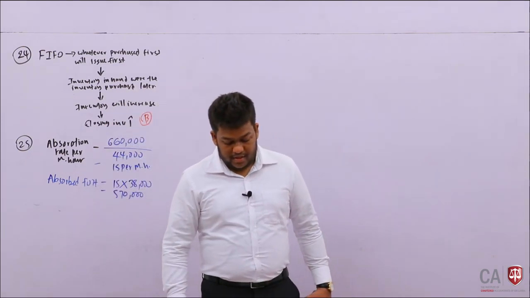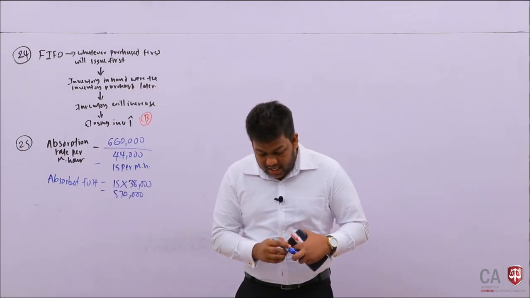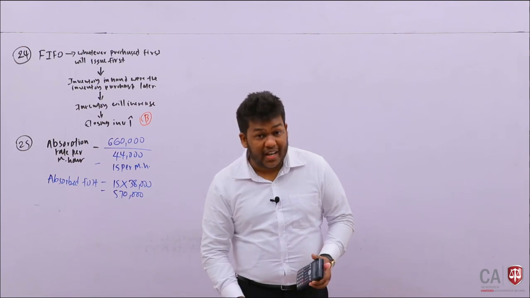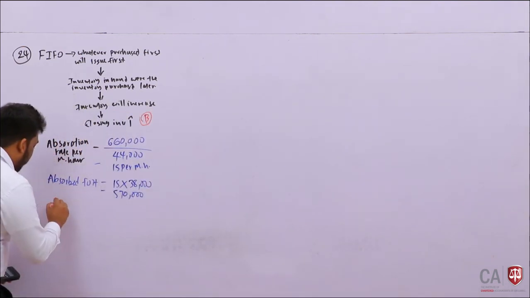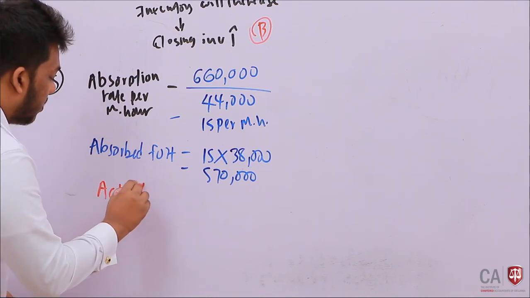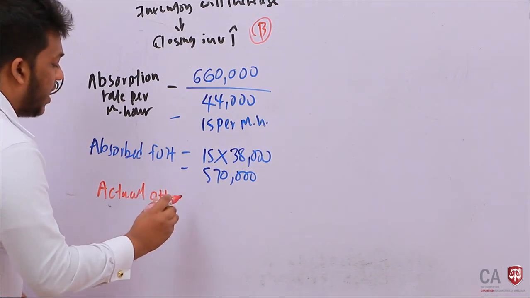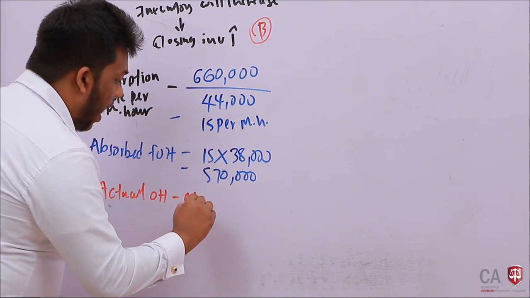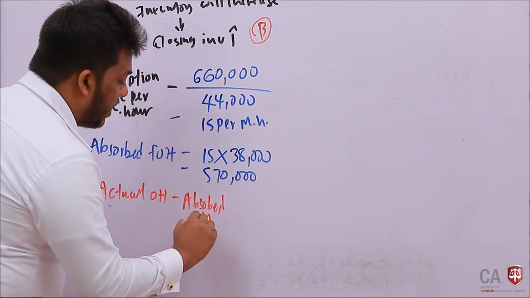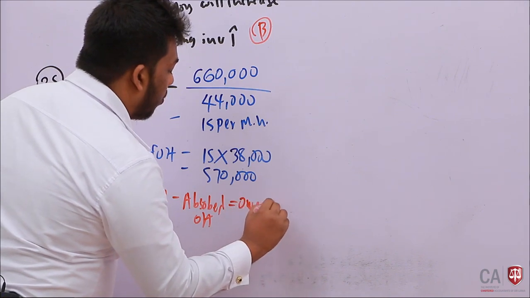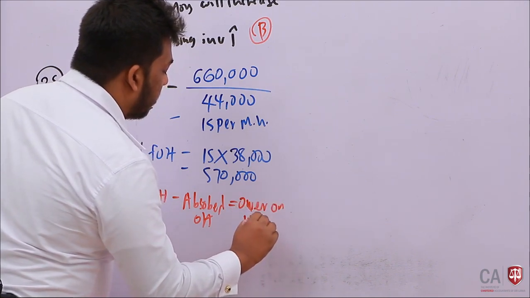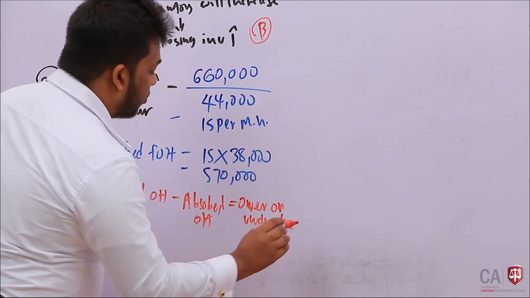570,000. But actually you allocated how much? 590. So if you get the actual overhead minus absorbed overhead, you will be getting the over or under absorption.